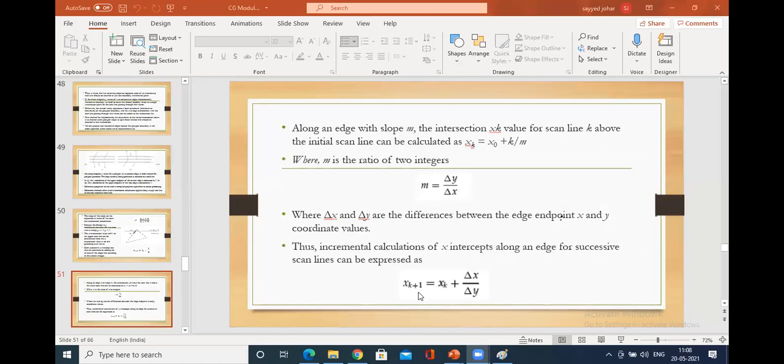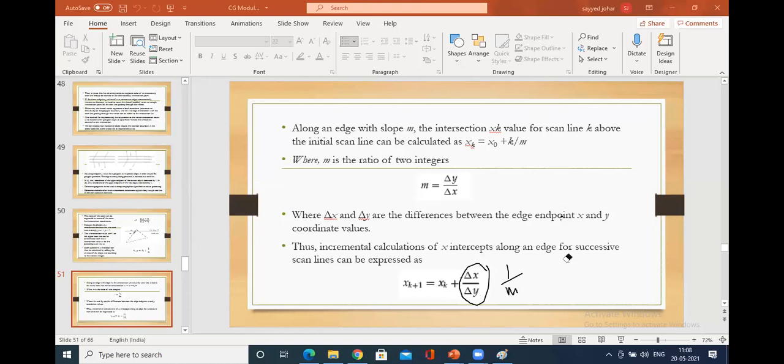So the next intercept, xk plus 1, is calculated as xk plus the change delta x by delta y, which is the reverse, 1 by m. So this is what I have elaborated. Delta x by delta y is nothing but 1 by m, is it not? So this could be written as 1 by m, right?